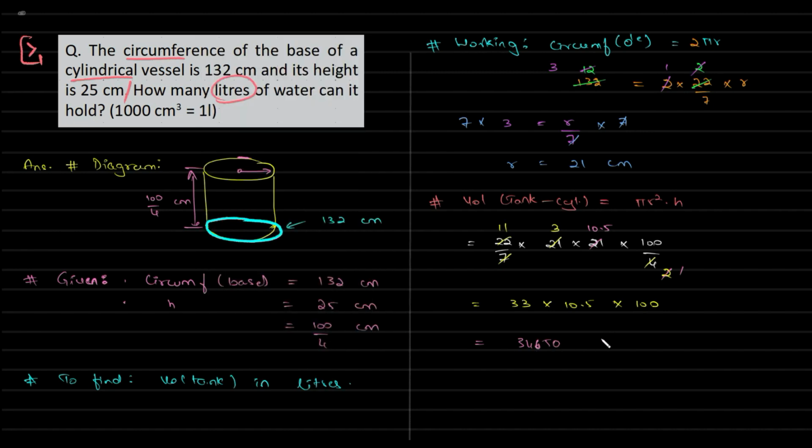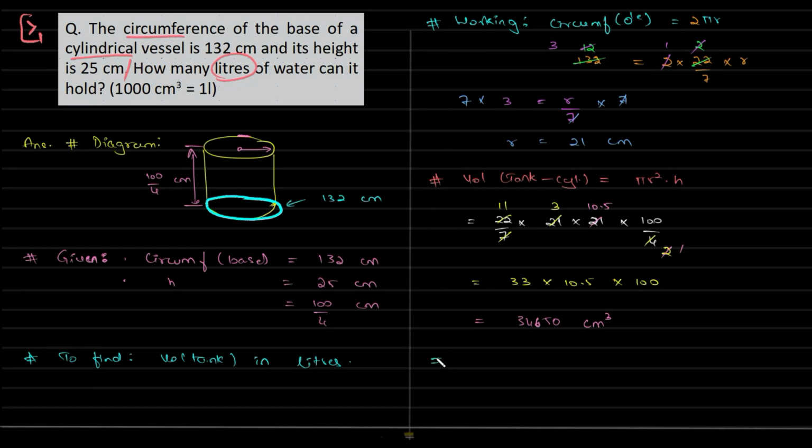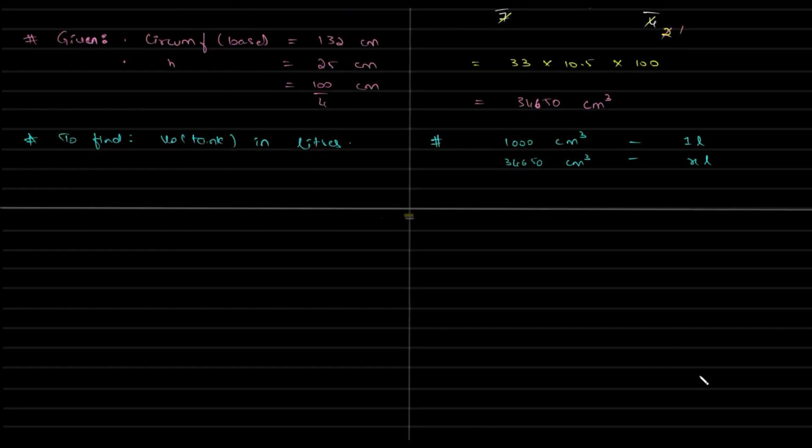That's correct. So that many centimeter cube, sorry. And we have to convert it to liters, remember? So for that, we'll start off with the statement that for every 1000 centimeter cube, we have a liter. For every 34650 centimeter cube, how many liters do we have?